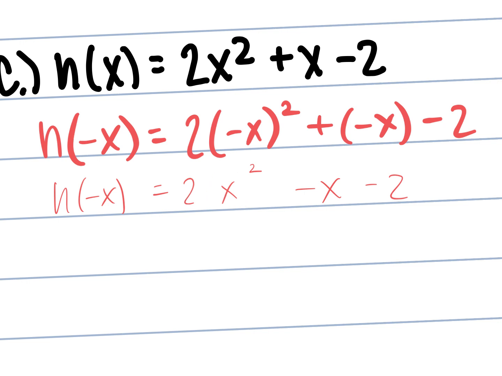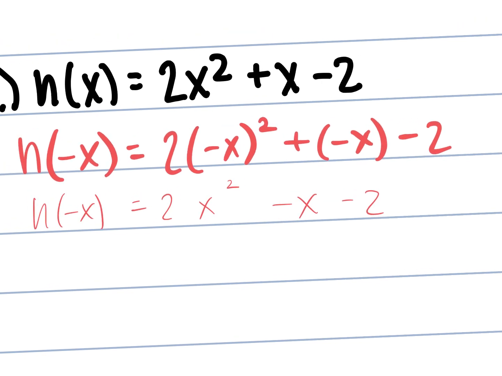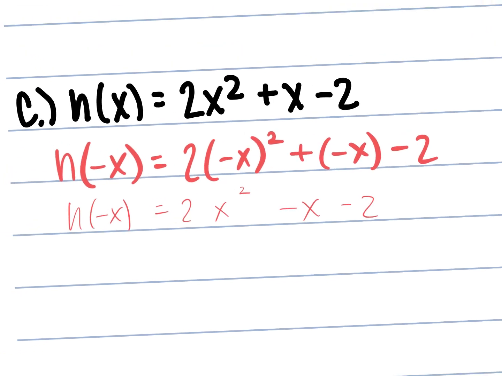So, now look back, guys. You're thinking it's odd because what changed? The x term, right? But I want you guys to really look at this. Odd functions say that the entire function would need to change sign, correct? So this would need to be negative 2x squared minus x plus 2, right?